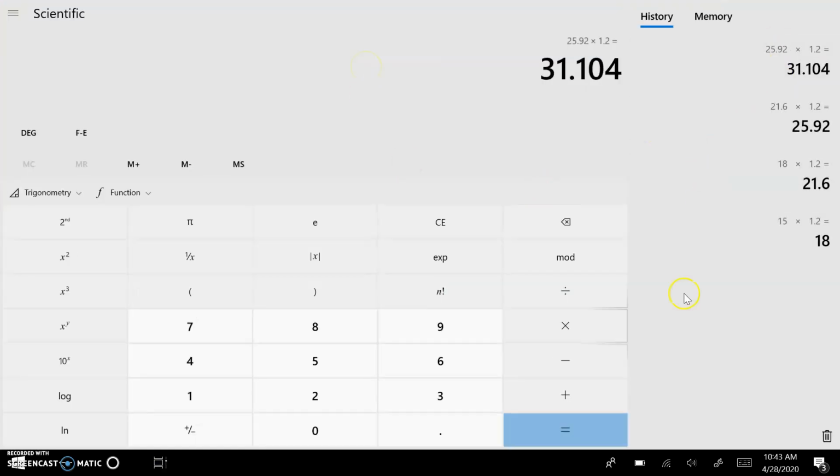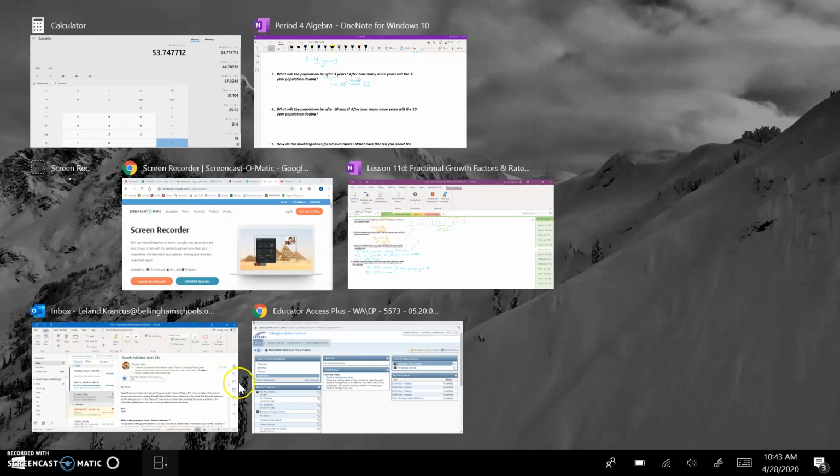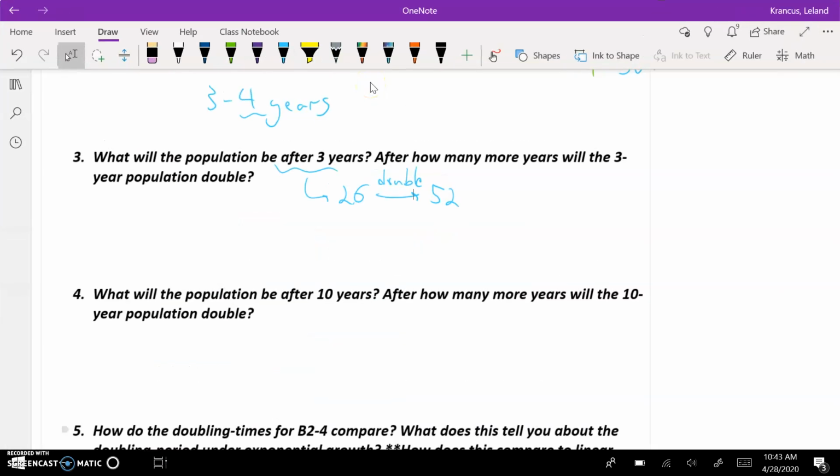If right here we were at 4, I could do 5, 6, 7, for about 7 years at that point. That's about 7 years.